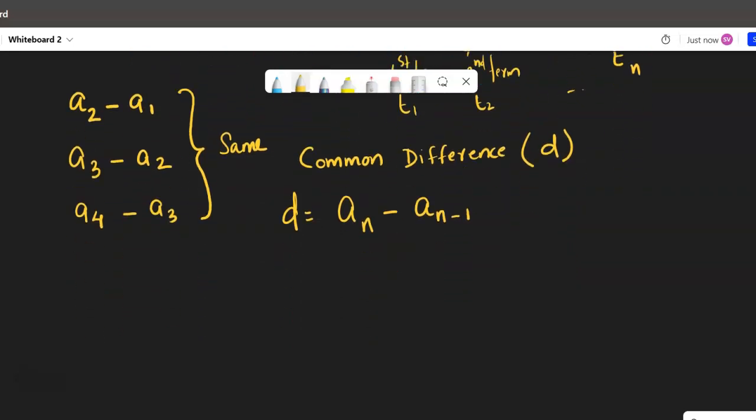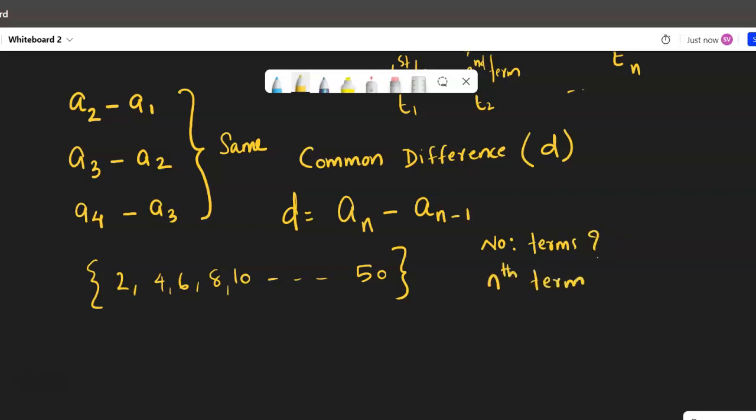Now, if we need to find the number of terms, say, for example, the terms of the sequence are 2, 4, 6, 8, 10, etc. till 50, how can we find the total number of terms and the nth term?